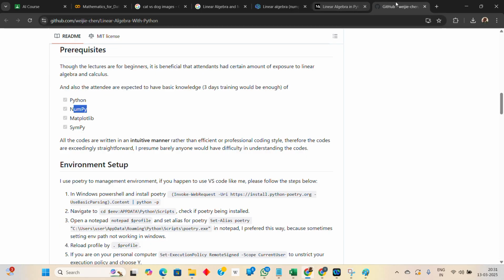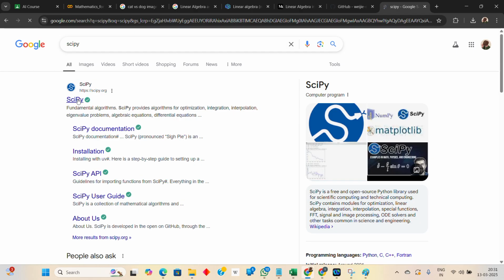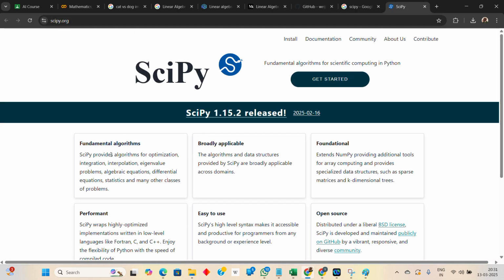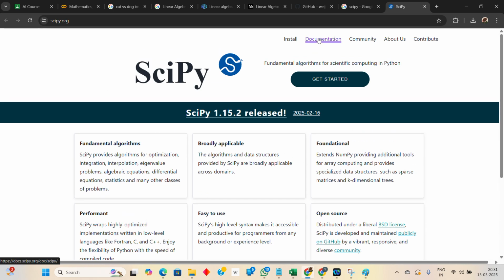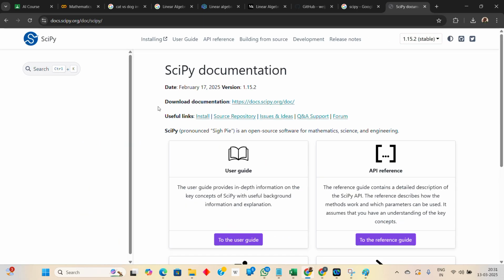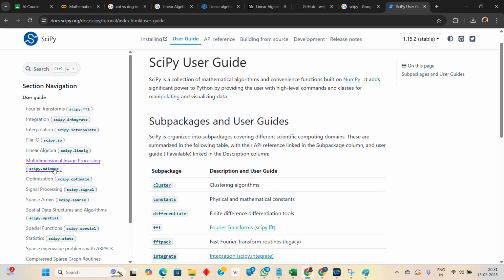There is one more library called SciPy. SciPy stands for Scientific Python, and it will be really helpful to learn how to implement linear algebra and matrix operations using Python. In the SciPy user guide, on your left you can see Fourier transform.